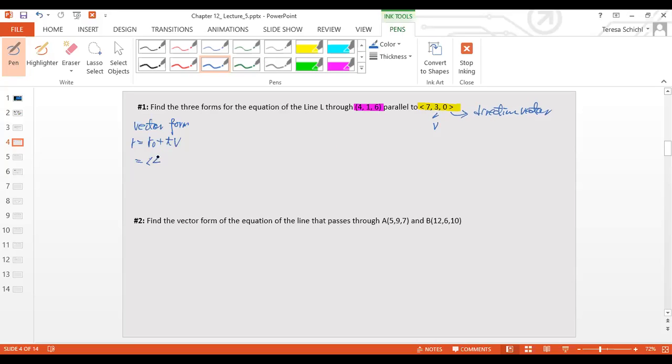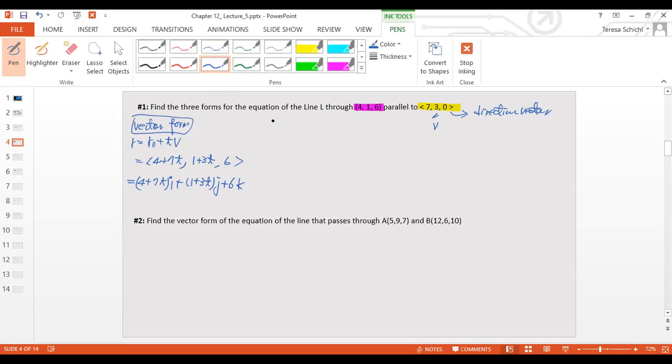So it will be 4 plus 7t, and then 1 plus 3t, and 6. So that's a vector. If you want, you can write it as 4 plus 7t i, plus 1 plus 3t j, plus 6k. So that's what we call the vector form.